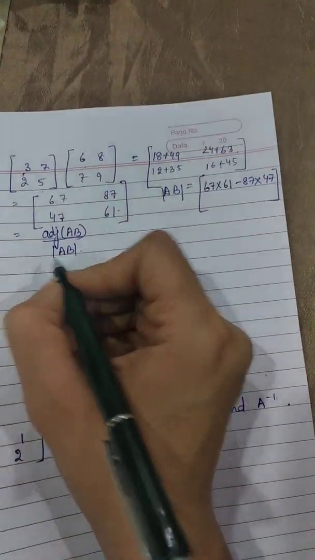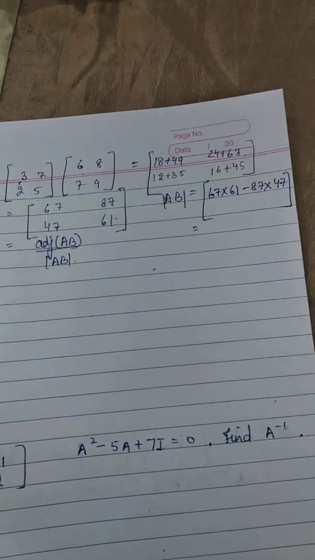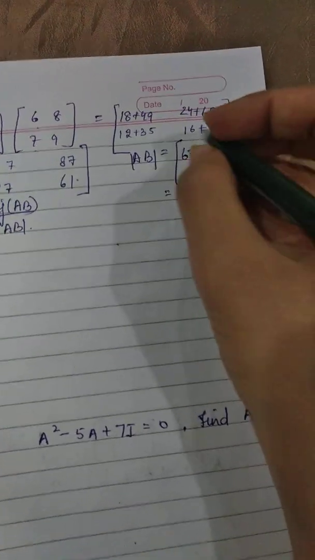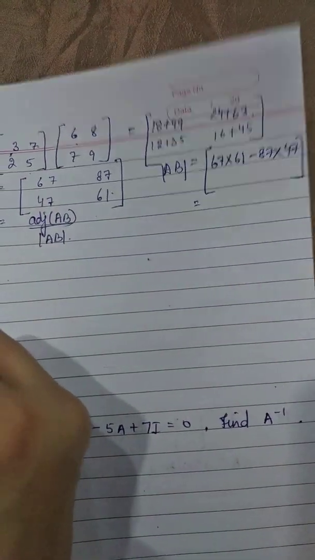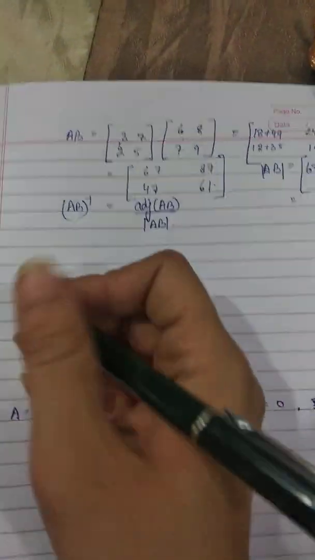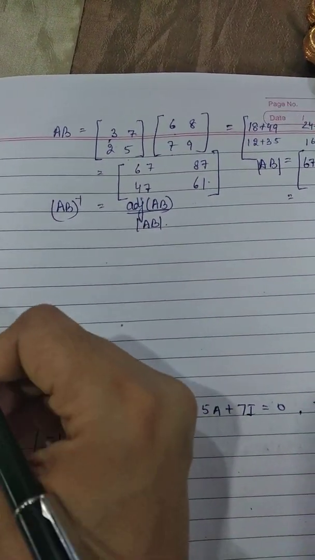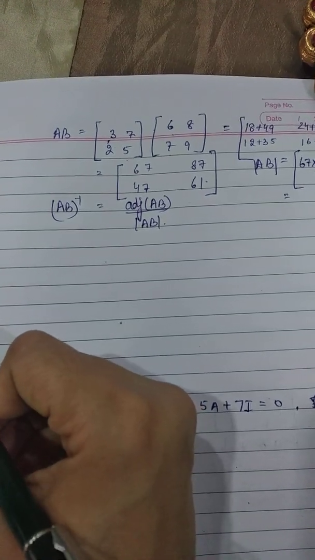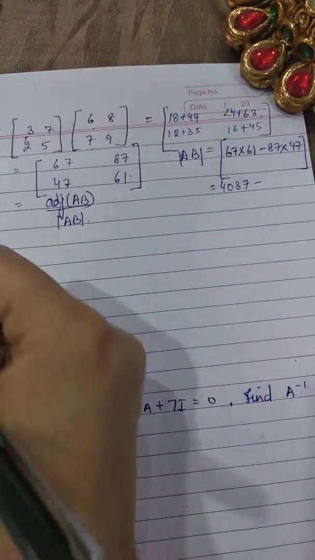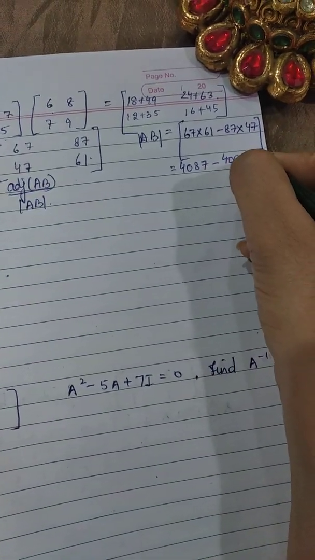Now let's simplify this. So 67 into 61 gives us 4087 minus, that's 4089.